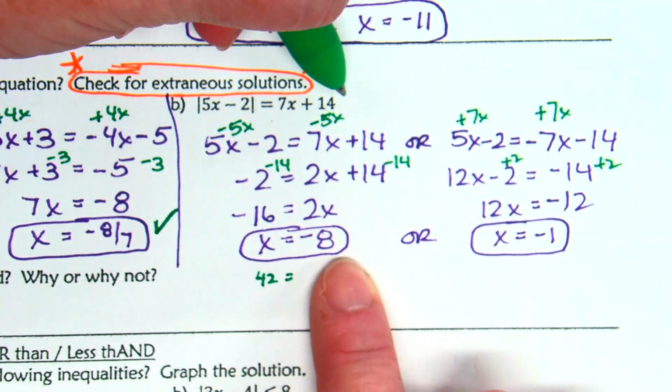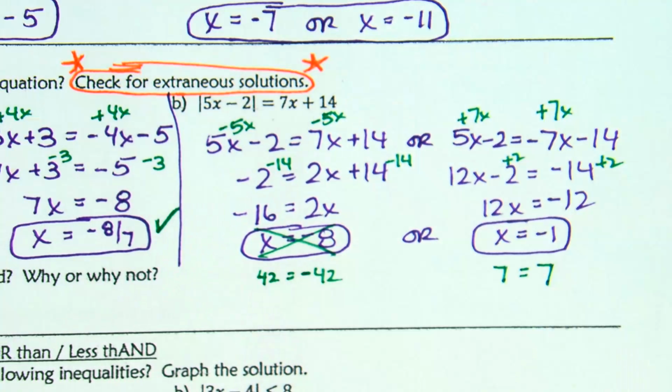Okay, real quick, before we call it quits for the day. Look at C. Can absolute value of x minus 5 equals negative 6 be solved? Why or why not? Definition of absolute value is the distance from 0.